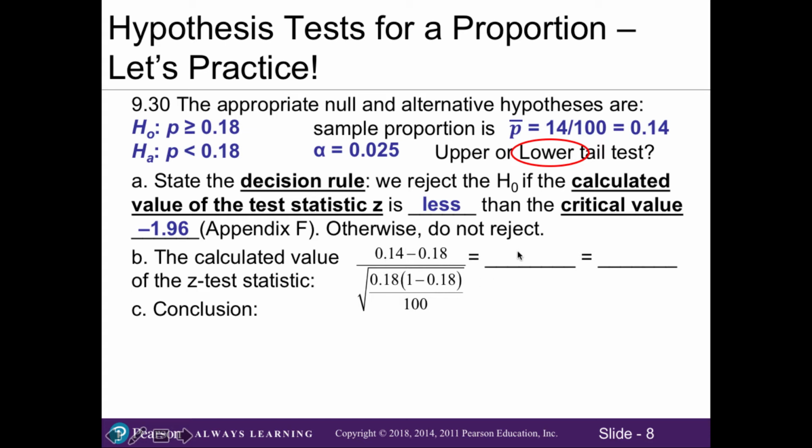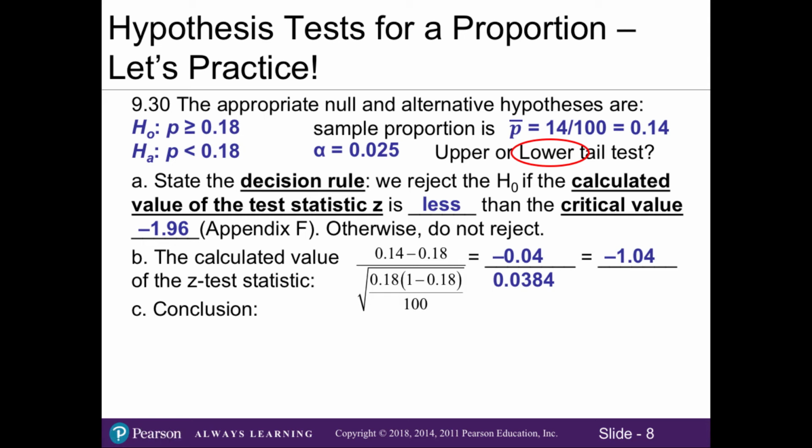So solving across, my sampling error when I take 0.14 minus 0.18 is negative 0.04. And our standard error, when I plug in my hypothesized p and my n, I get 0.0384. Then by dividing the two numbers together, we get a z-test statistic of negative 1.04.